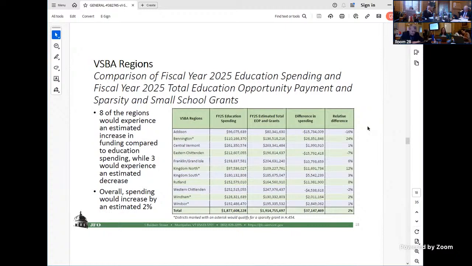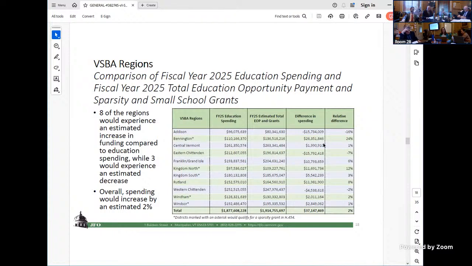What we're looking at here is, for each of those regions, what their FY25 education spending would have been if that region were a district. I essentially aggregated up all of the school districts within each of those regions, their education spending. This next column shows the total education opportunity payments and grants as outlined in H454.